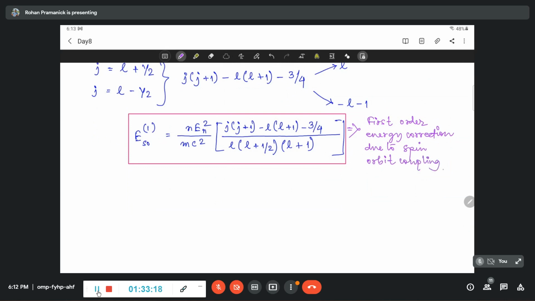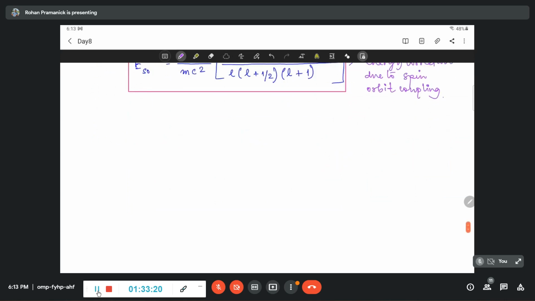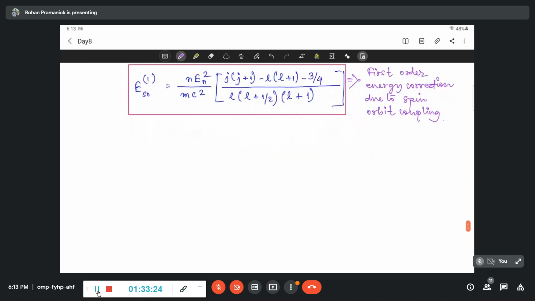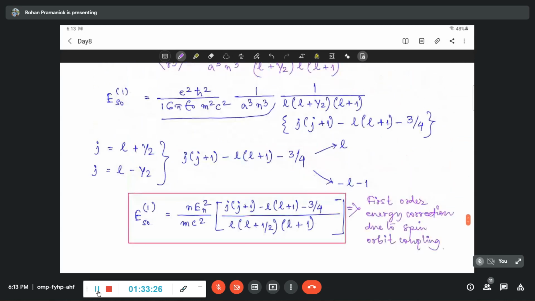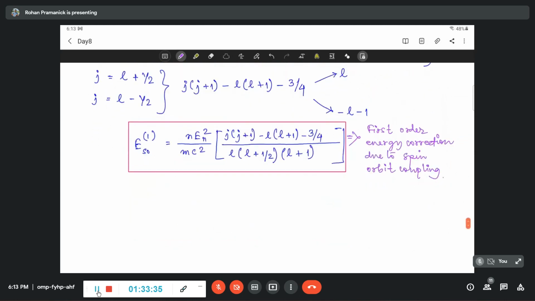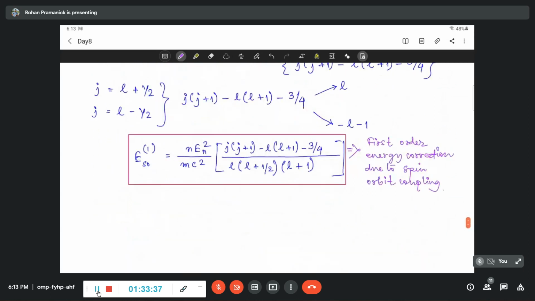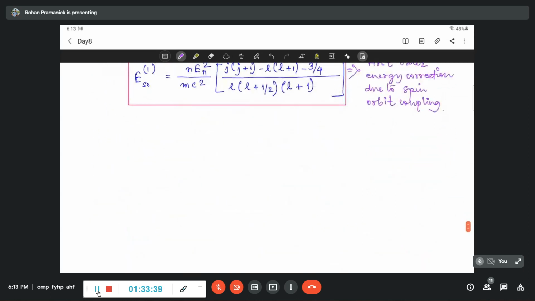Now you have to add these two things, and addition is pretty easy because we have already reduced some of these things. All these epsilon 0, h cut, all these things will give you nothing but n into E_n squared by mc squared. You can do and check. I have done this, but you can again confirm and verify.